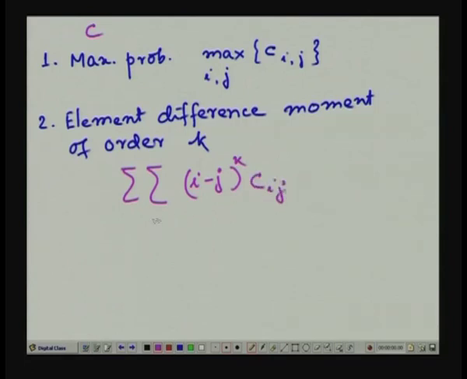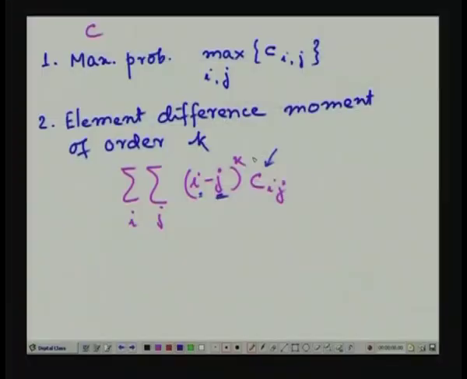You find that this will be low if higher values appear along the main diagonal, because along the main diagonal we have I equal to j. So, if higher values of C I j appear along the main diagonal of the co-occurrence matrix, then this kth order element difference moment will assume a low value.